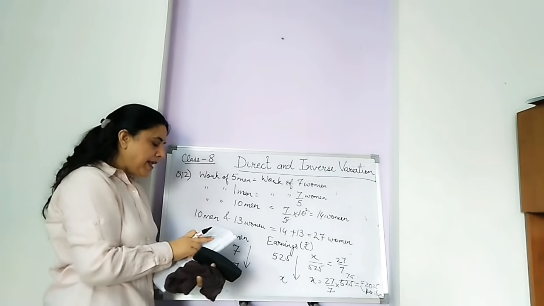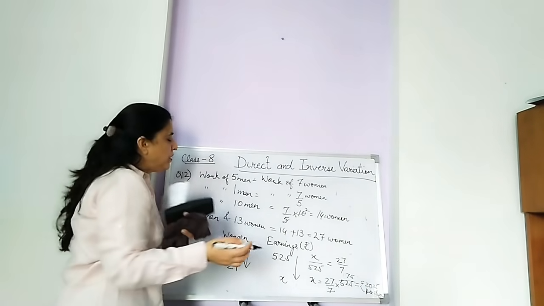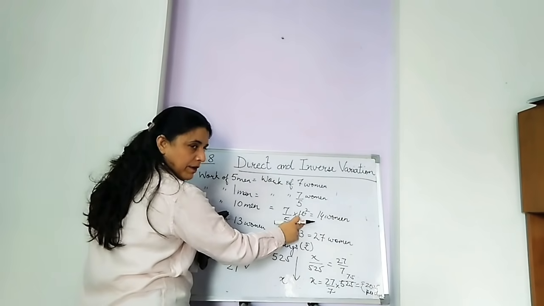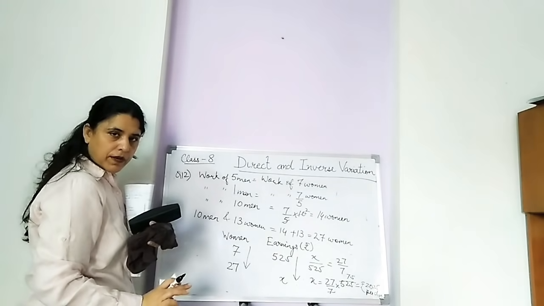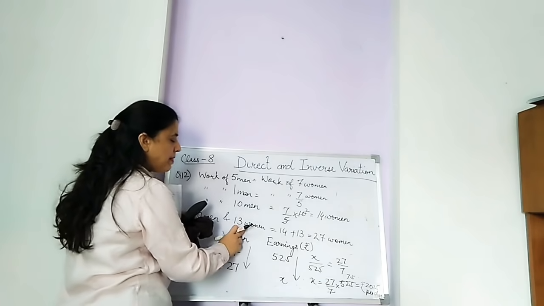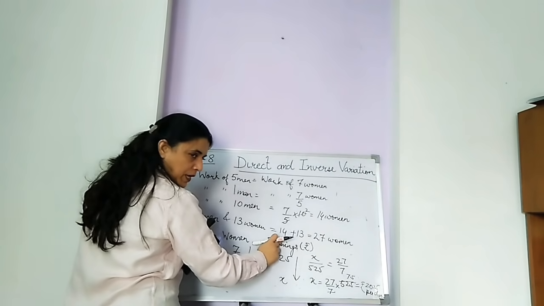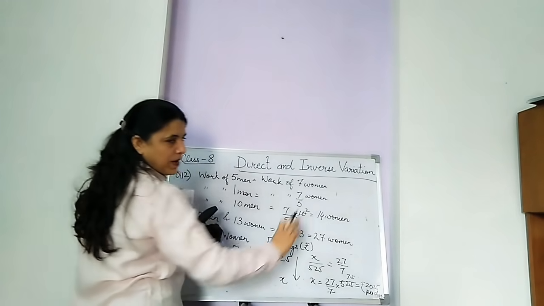When they ask how much would 10 men and 13 women earn, 10 men will be equal to 7 by 5 into 10, which is 14 women. Now 10 men are already equal to 14 women, so 14 plus 13 gives you 27 women.